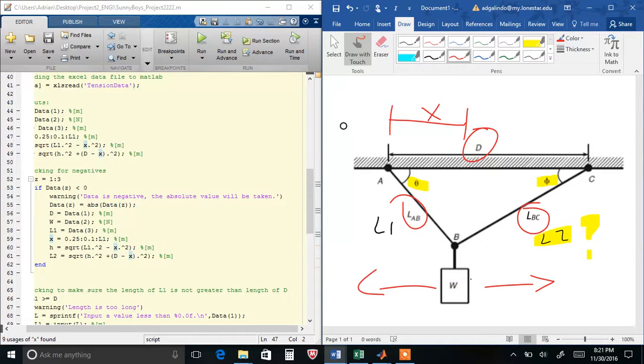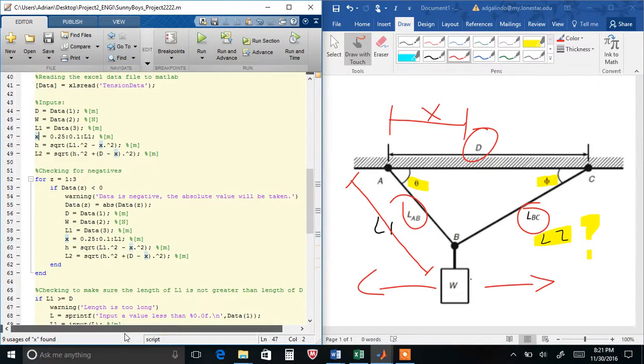X will be a range depending on where the weight is located, and we started off with 0.25 and extended that all the way to length 1. We're going to use that range to find the height, the missing length 2, and other variables, which I will mention in a little bit.